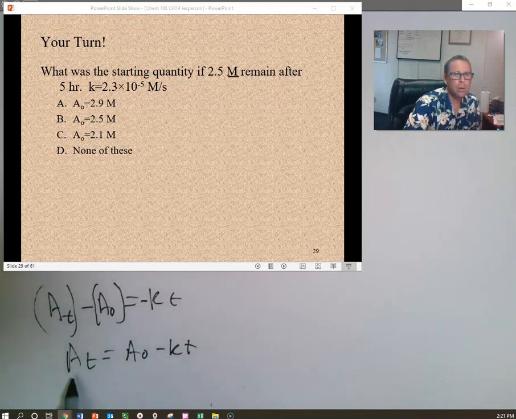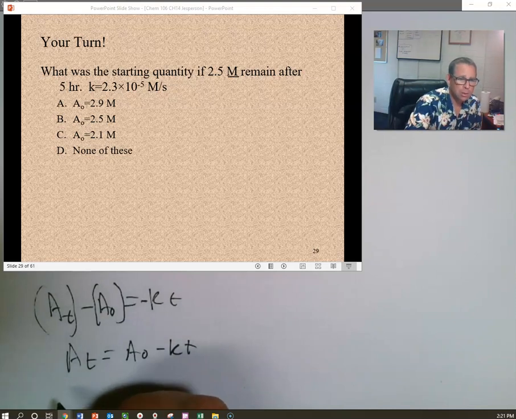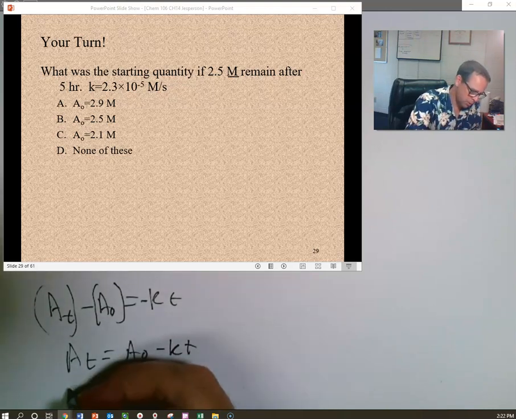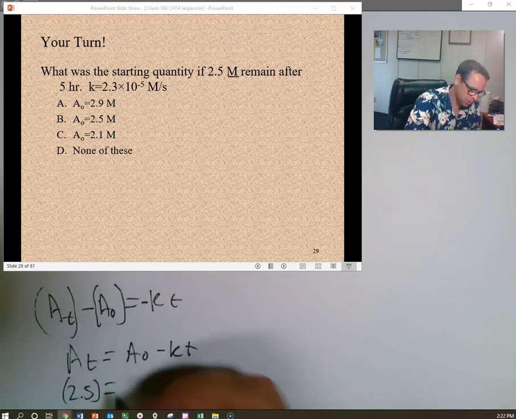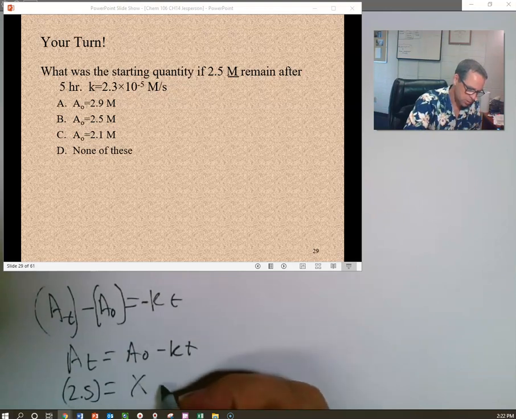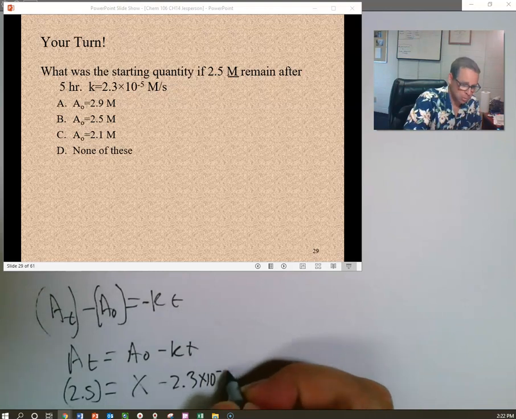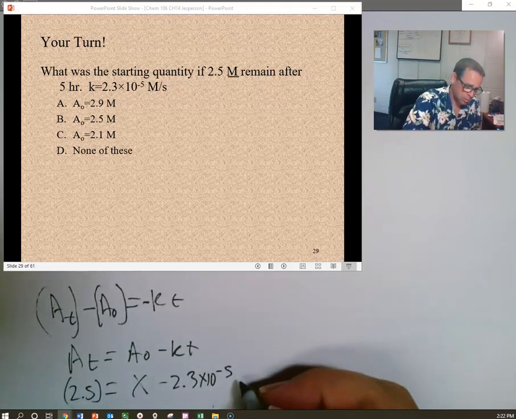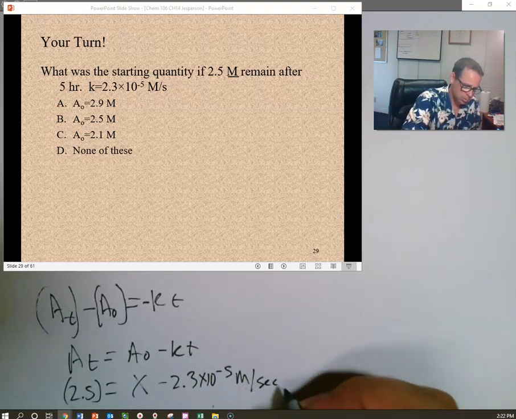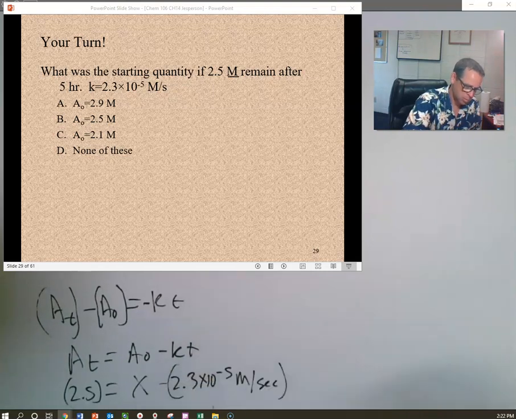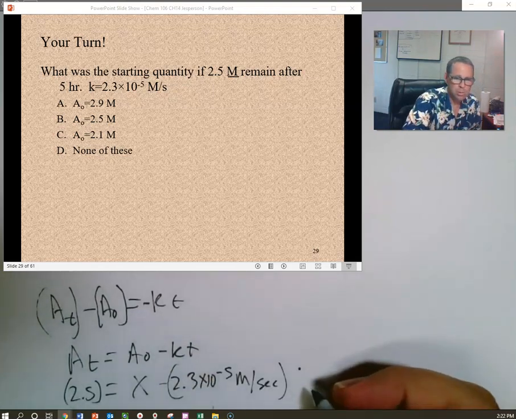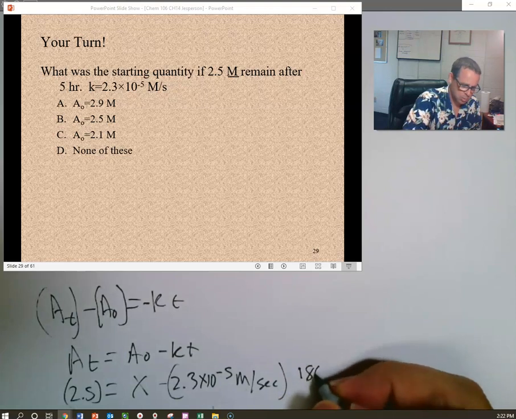We did 2.5 molar. Is AT the starting quantity? Okay, so we're solving for that one. 2.5 equals A0 minus 2.3 times 10 to the negative 5 molars per second times 5 hours is the time, but we converted that to seconds and we got 18,000.